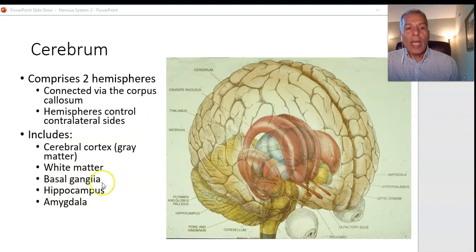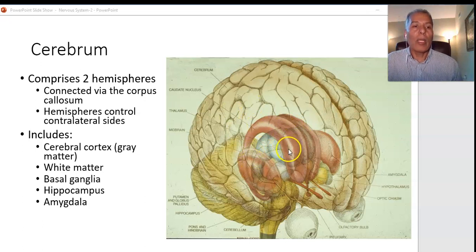And then you have clusters of cell bodies, and these are called ganglia, or bodies or nuclei, all these names. The basal ganglia are several structures together that are deep in the white matter.